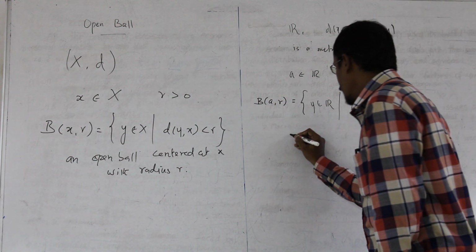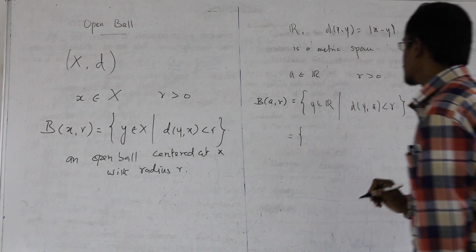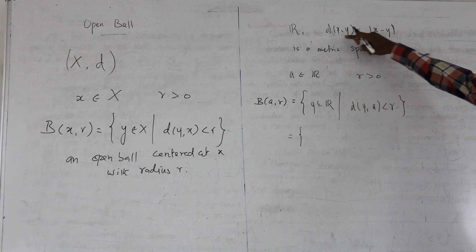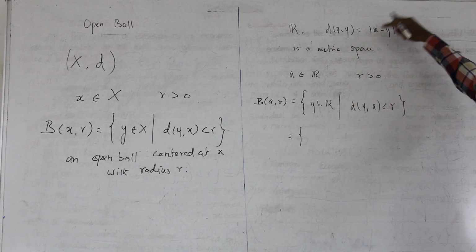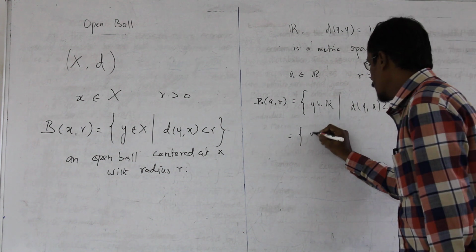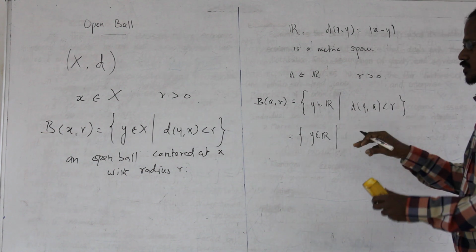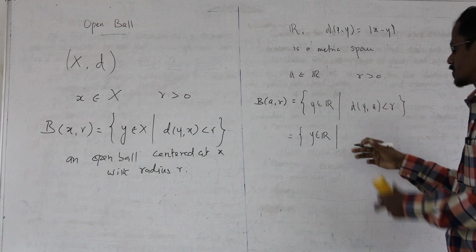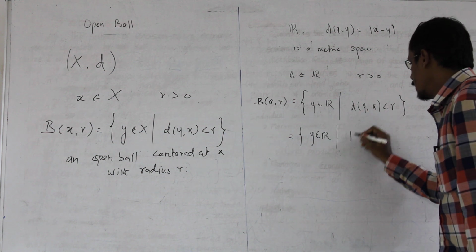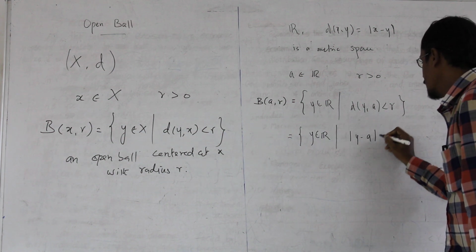So we can rewrite this set, because we know the metric exactly as |x - y|. So we need those points in R, that is, those points in the metric space R such that |y - a| is less than r.